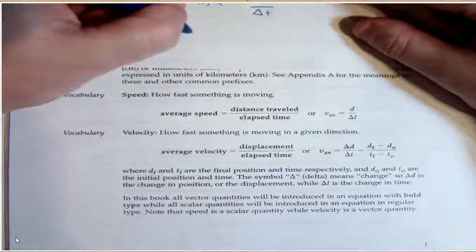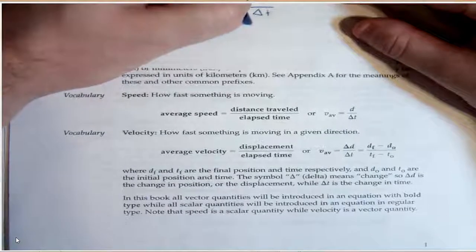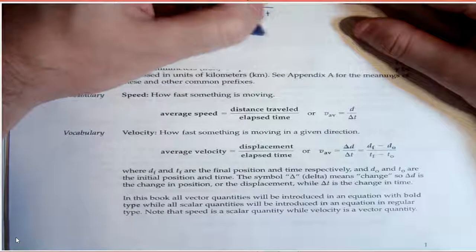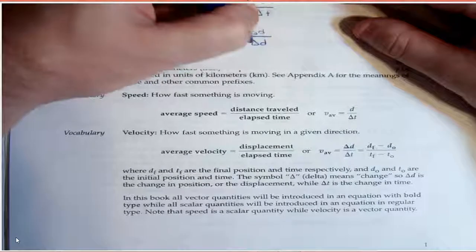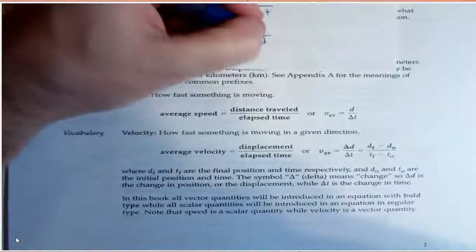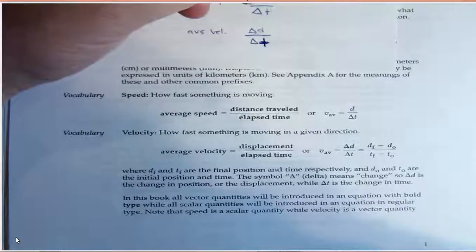The formula for average velocity is your displacement divided by your time. So that's the difference. We just talked about displacement. Oops, excuse me, this should be T. Divided by time, right?